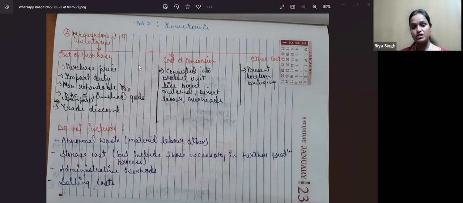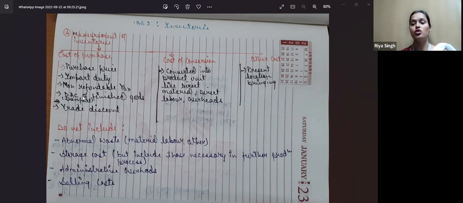What are the costs involved? In that cost, there could be a purchase price of that inventory. Import duty, if any is there, we have to add that. If any non-refundable tax is there, we have to add that non-refundable tax. Then any directly attributable costs of the finished goods.